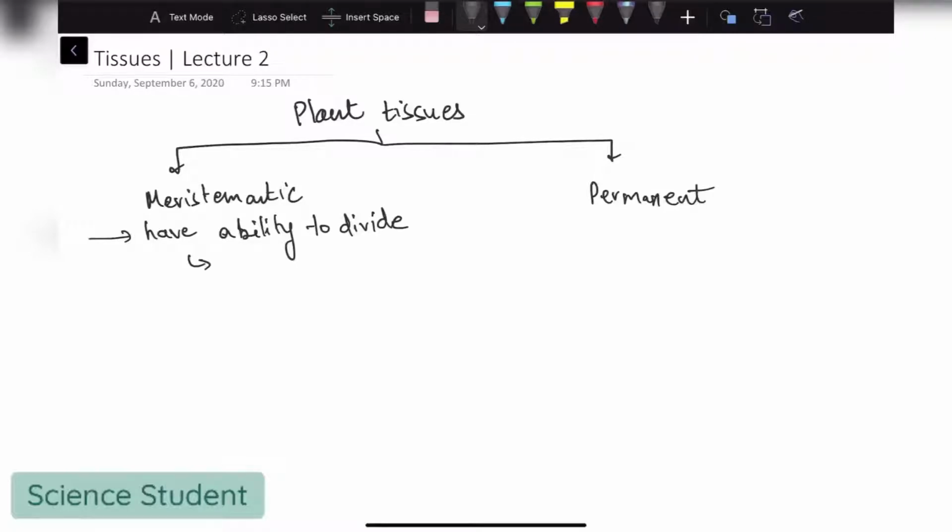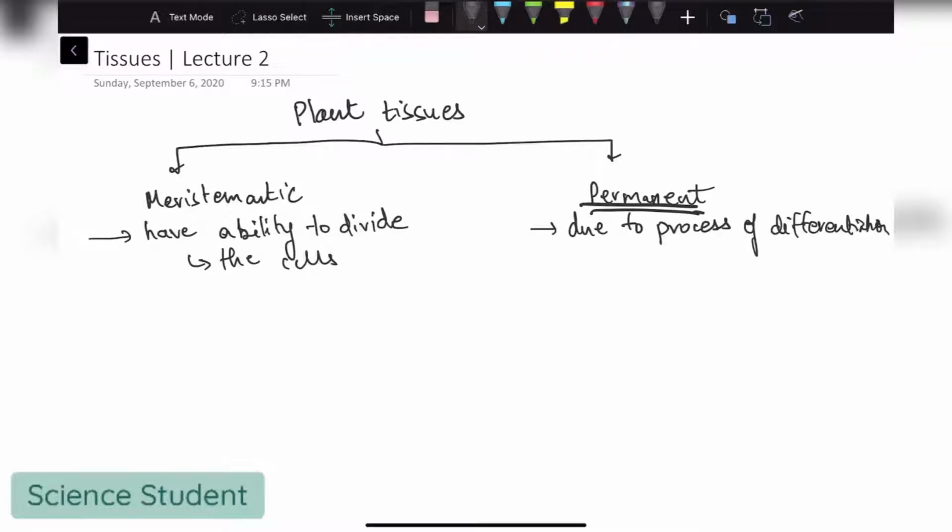The cells of these tissues can divide, but in the permanent tissues, the plant cell, due to the process of differentiation, these permanent tissue cells lose the ability to divide.